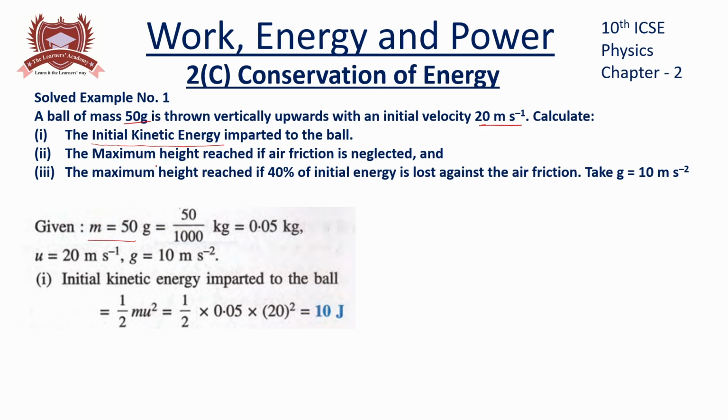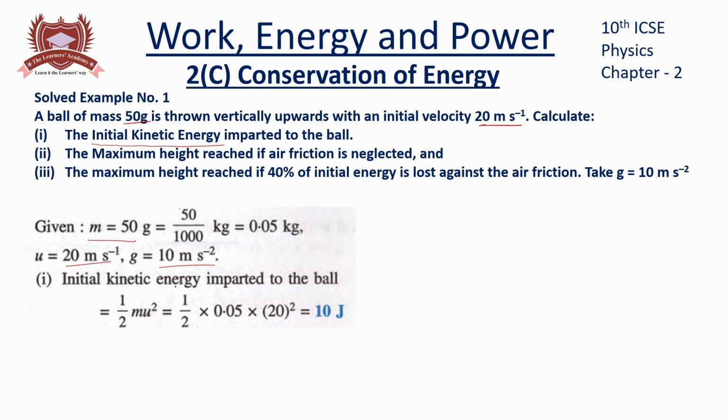So first we need to convert everything either into CGS or everything into SI. It's easier to convert all the quantities into SI units and then deal with them. So mass is 50 grams, that is 0.05 kilograms. Initial velocity is 20 meters per second and acceleration due to gravity is 10 meters per second squared.